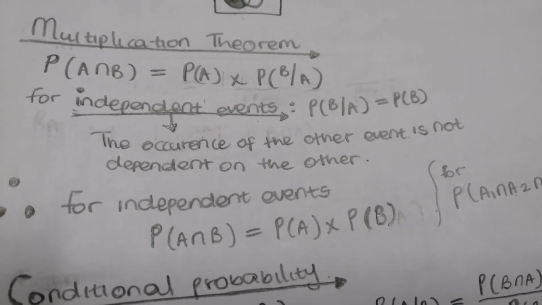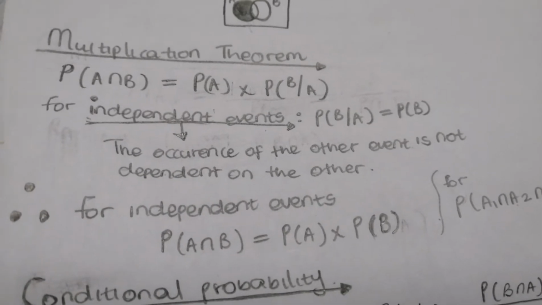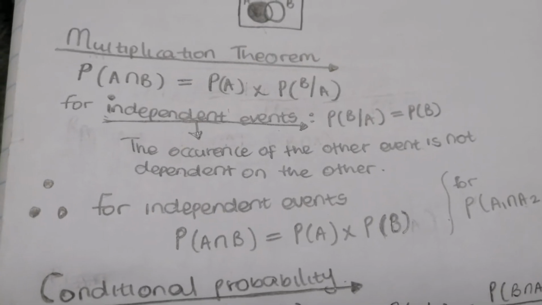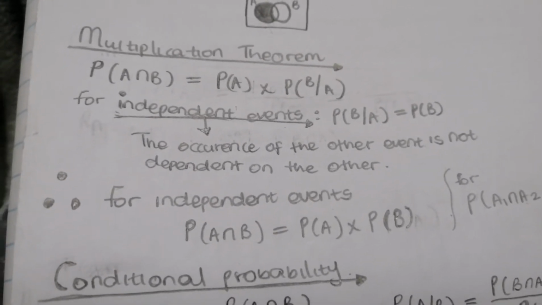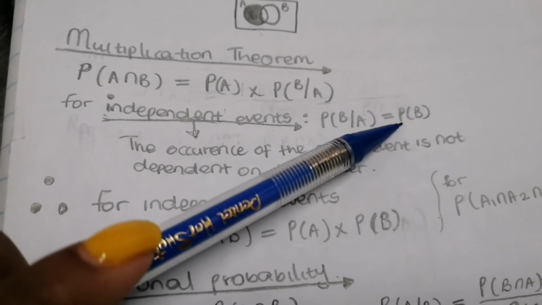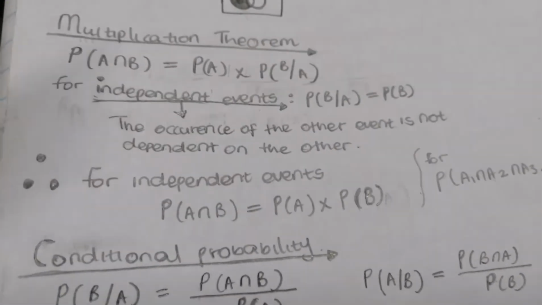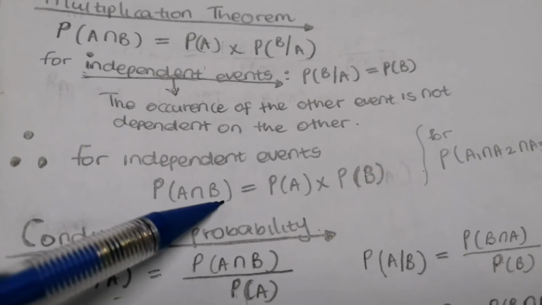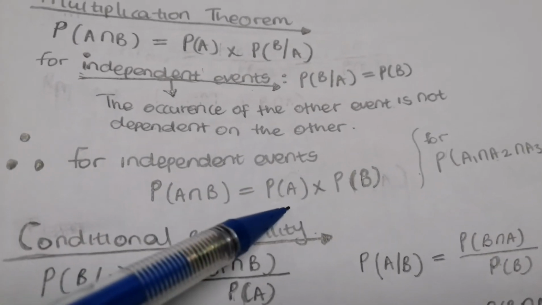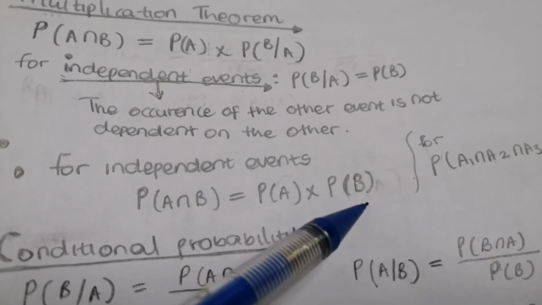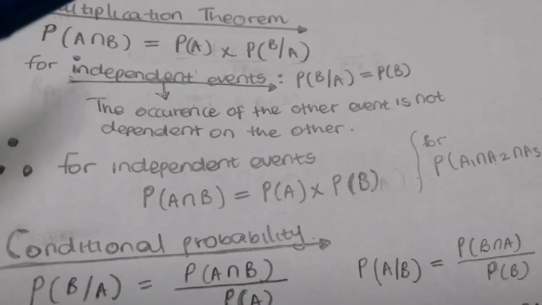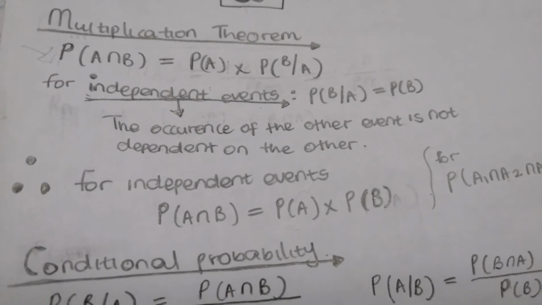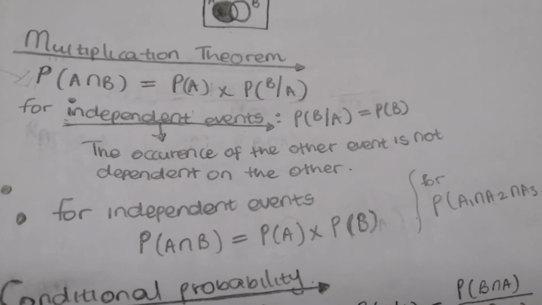For independent events, when they say these two events are independent, the probability of B given that A has occurred will be the probability of B. So for independent events, the probability of A intersect B equals the probability of A multiplied by the probability of B. If they did not tell you that the events are independent, please use the standard formula. So moving on.